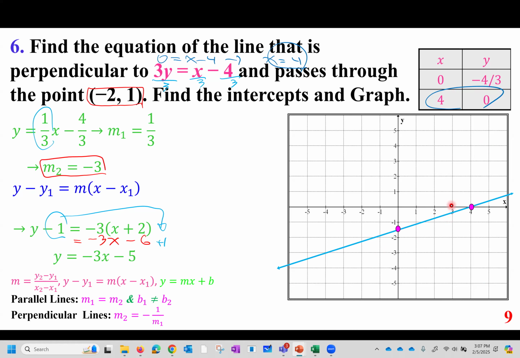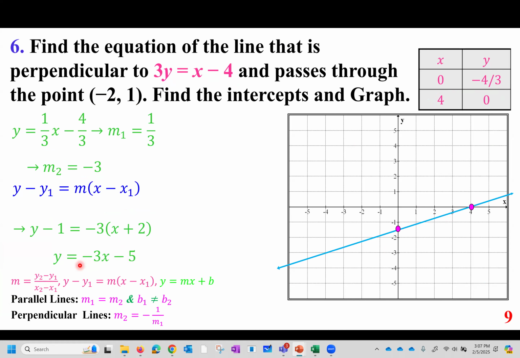The one perpendicular to that is this one. And obviously, (0, negative 5) is the y-intercept. And if I want the x-intercept, I set y equal to 0.